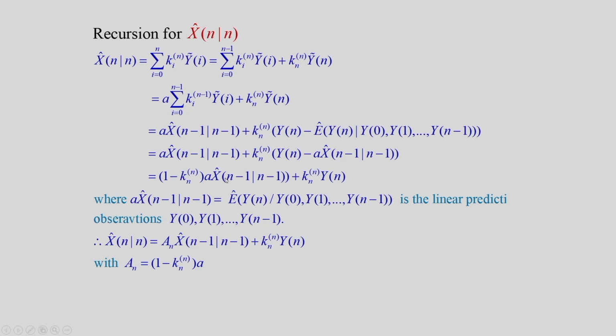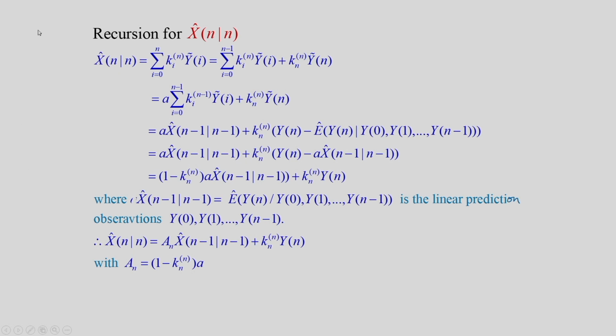We see that this part is related to the previous estimator and this is the part which is obtained from the current data. So, current data yn is multiplied by the Kalman gain, that is k_{n,n}. So, previous estimator weighted by this number, plus this current data weighted by this number, then we will get the current estimator.